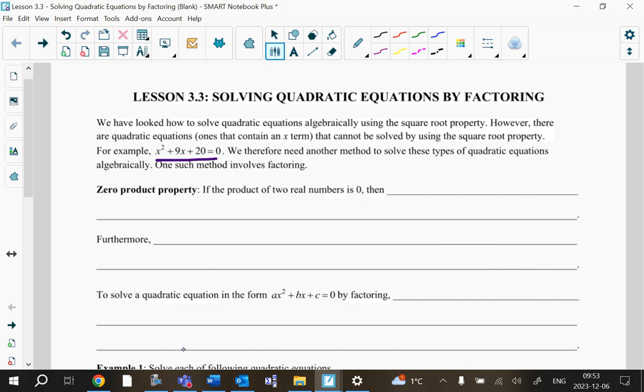But before we use factoring, there's a certain property that you need to know to help you solve these by factoring. If the product of two numbers is 0, we can say at least one of those numbers must be 0.